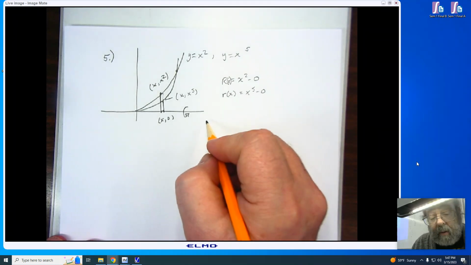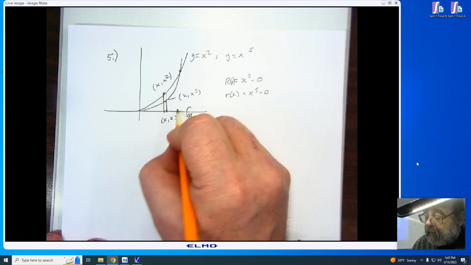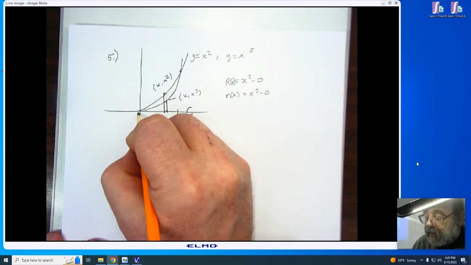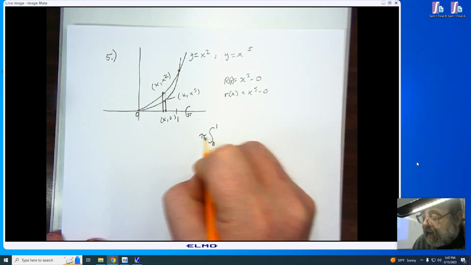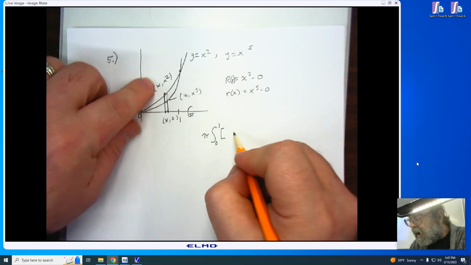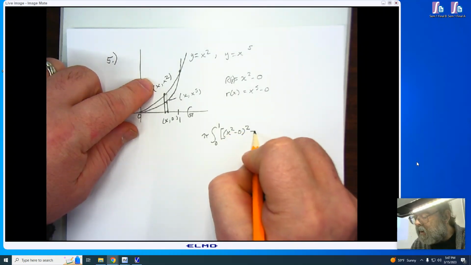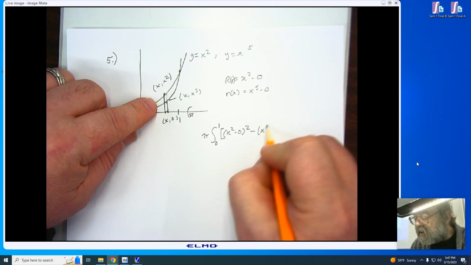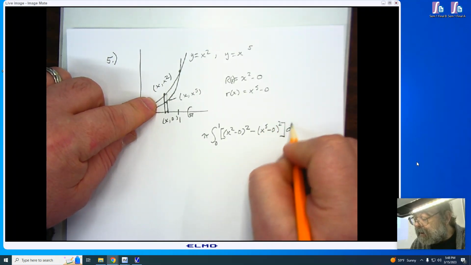Putting it together, I'm looking at my integration at 1 and 0. So I have 0 to 1 pi integration of x squared minus 0, the quantity squared, minus x to the 5th minus 0, the quantity squared, dx.